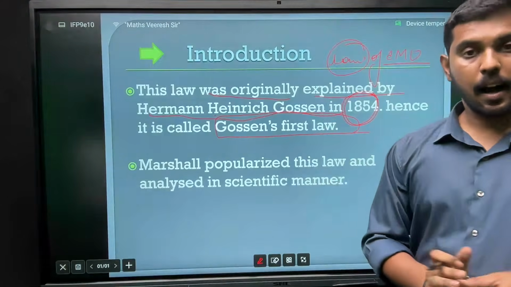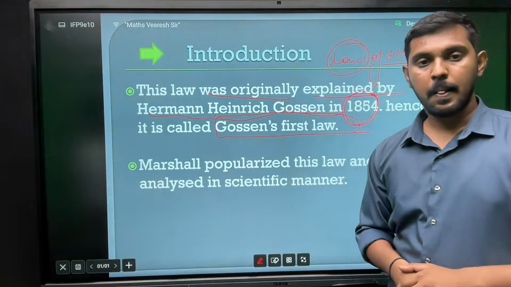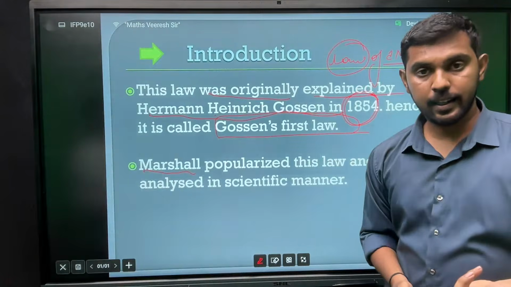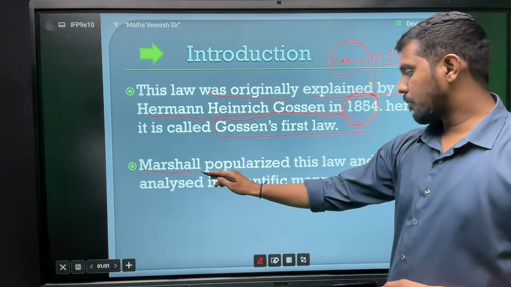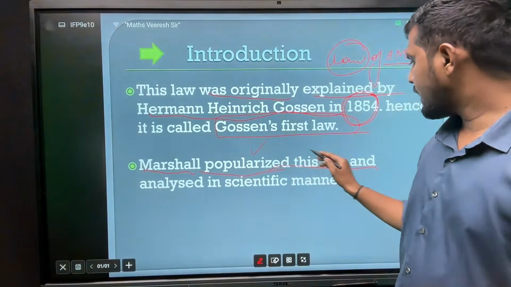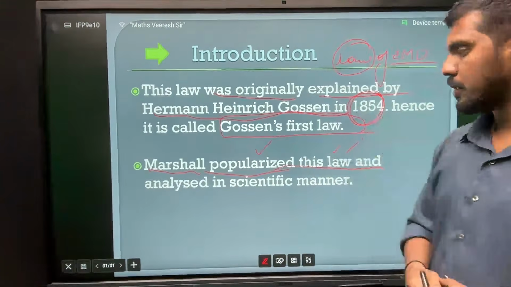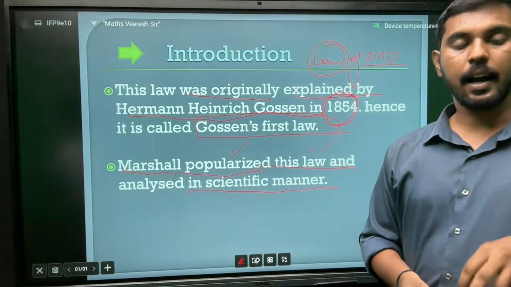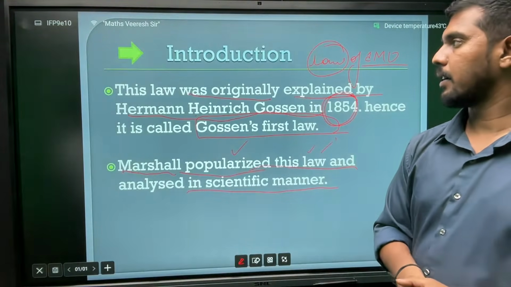And next, another most popular economist, Marshall. What he did is, Marshall popularized this law, the DMU law, and analyzed it in a scientific manner.